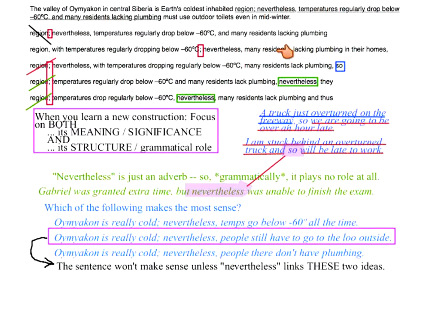Nevertheless, many residents, modifier, have to use outdoor toilets." This is the meaning that we want. Choice C, "Oymyakon is very cold, nevertheless, modifier, many residents don't have plumbing." That's not logical.